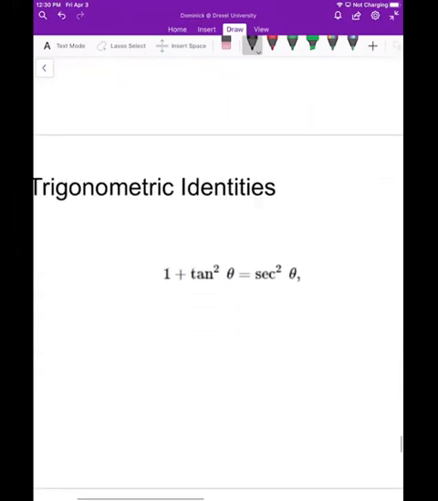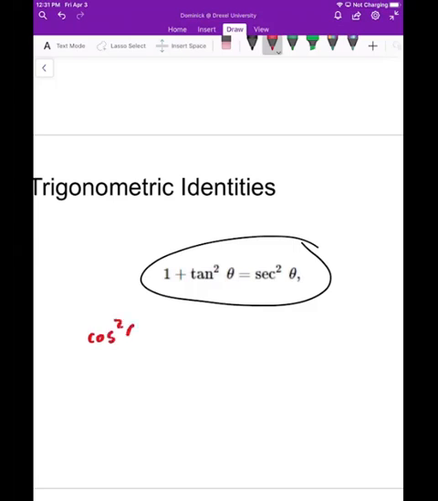Now, the next identity that we're going to talk about is that 1 plus tangent squared is going to equal secant squared. In order to derive this, let's look at cosine squared plus sine squared equal to 1 again.